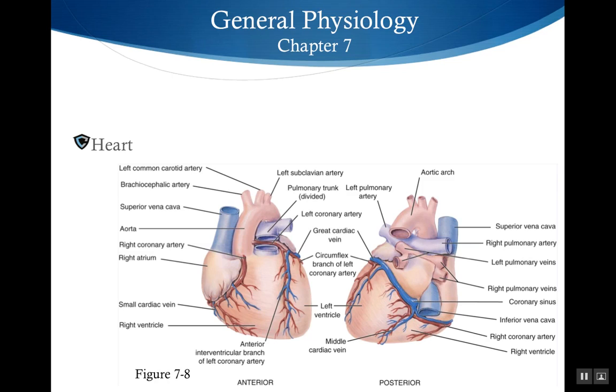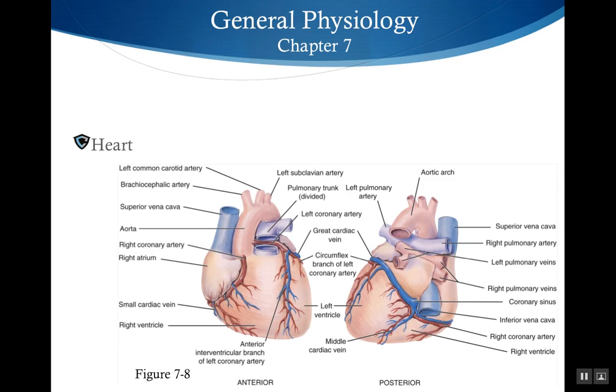Okay, so in general, arteries take oxygenated blood away from the heart. So that one's easy to remember. Artery starts with an A and away starts with an A. So arteries take oxygenated blood away from the heart to the rest of the body.